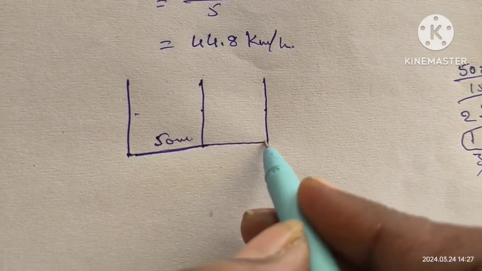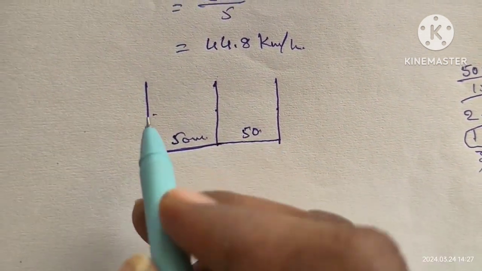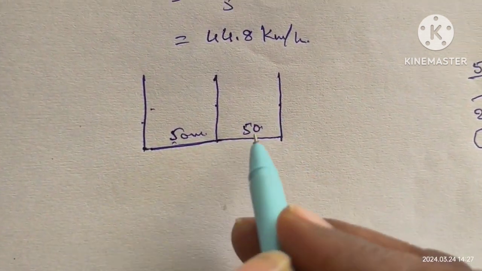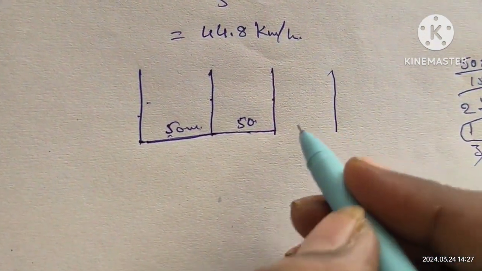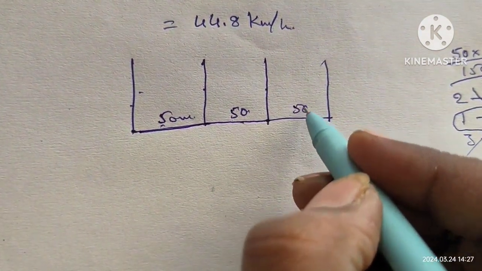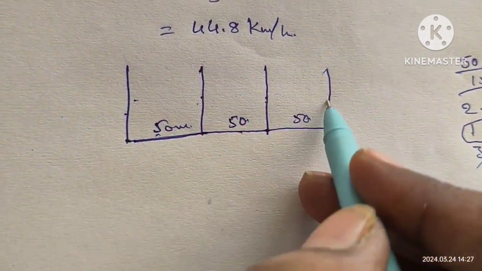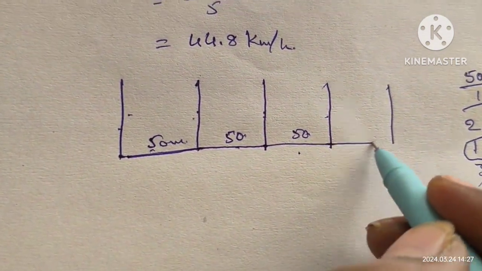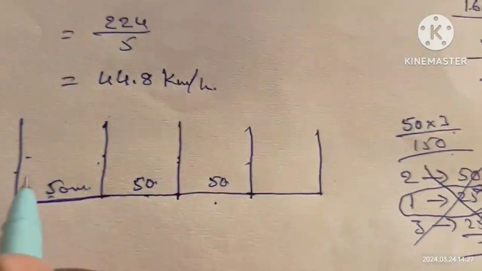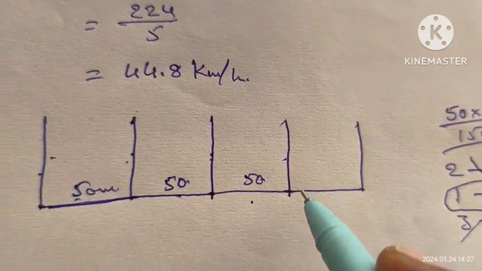Distance between these two poles is another 50. Then distance between three poles, it is 100. If you take another one, its distance is 50. So distance between four poles is 150. If you take another pole, distance between 5 poles, it is also another 50.